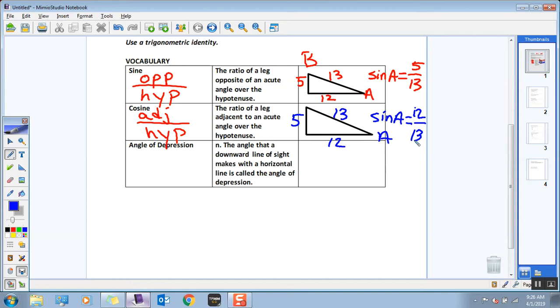Now, guys, we kind of touched on this in the last section, but we have angle of elevation. If I have a horizontal line right here, and from that horizontal I look up, what kind of angle is that? Elevation. If I look down from that horizontal, that's an angle of what? This might be my horizontal.